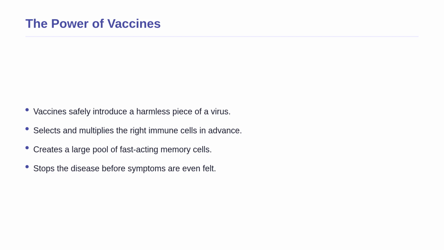They safely introduce a harmless piece of a virus to select and multiply the right immune cells in advance. By starting with more cells and reacting faster, as we saw in the math, the immune system stops the disease before you even feel the symptoms. The clonal selection theory perfectly explains this life-saving phenomenon.